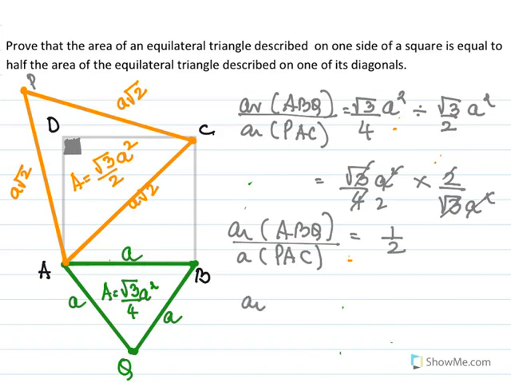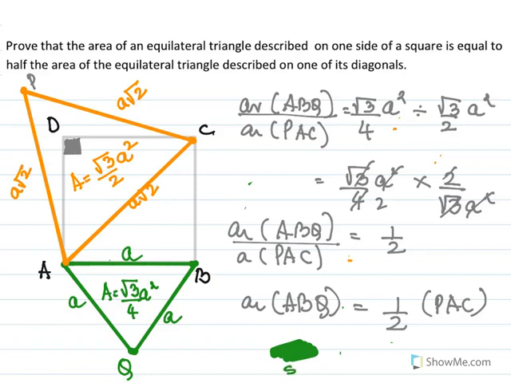So area of ABQ is equal to half area of PAC. And if you look at the figure, this is the area of a triangle on the side, which is equal to half the area of the triangle on the diagonal.